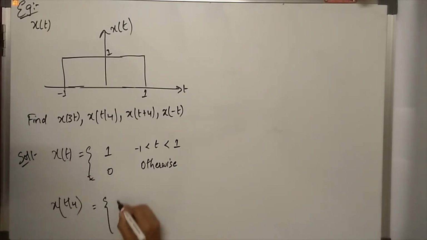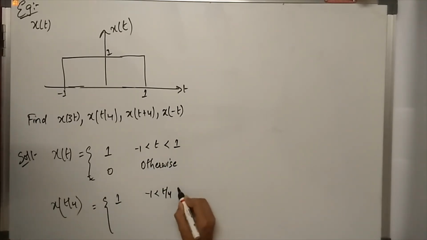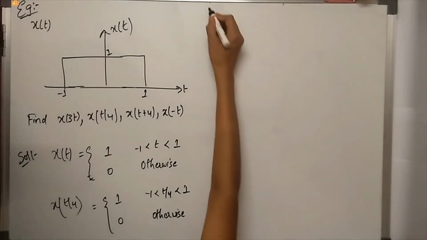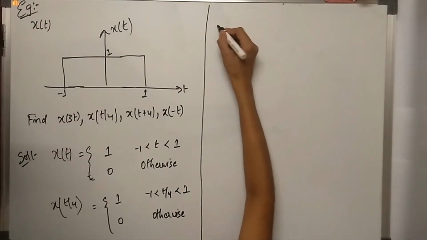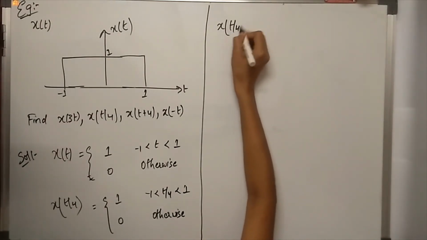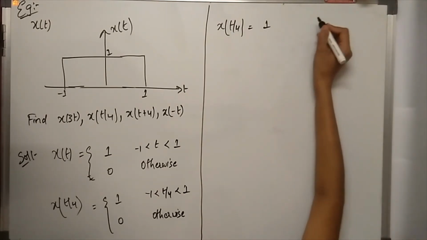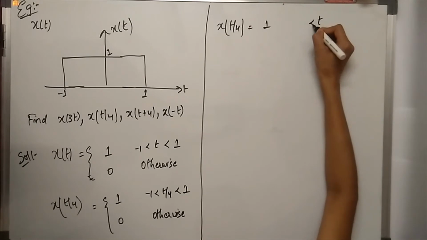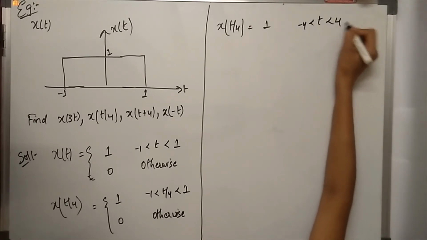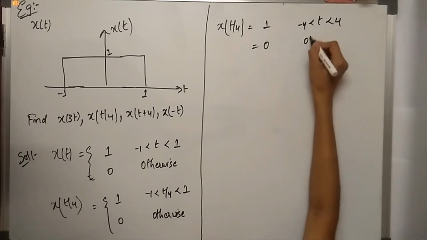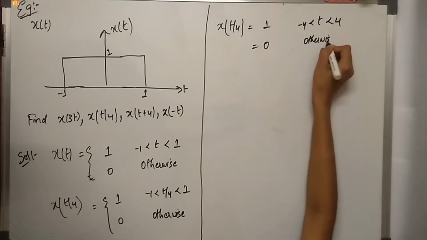Wherever I find t, I'll just replace it by t by 4, and 0 otherwise. So now again I can write this as x of t by 4 equal to 1 for t greater than -4 and less than 4. This is equal to 0 otherwise.